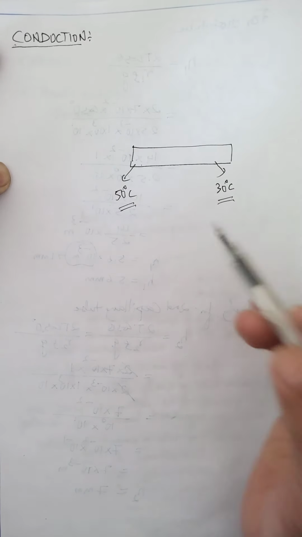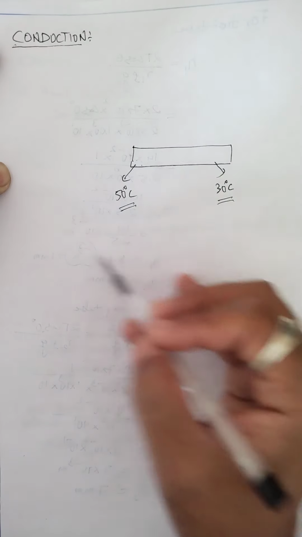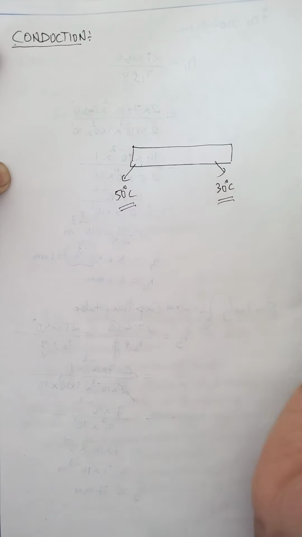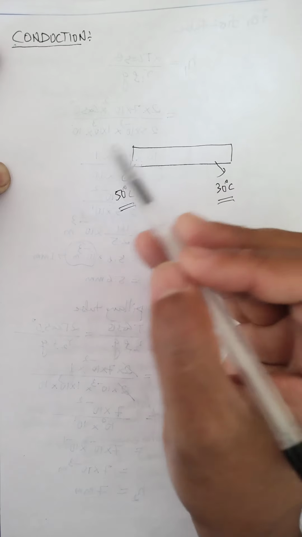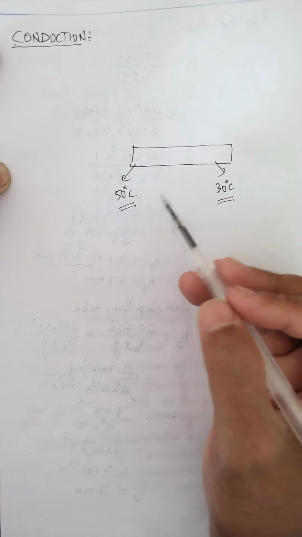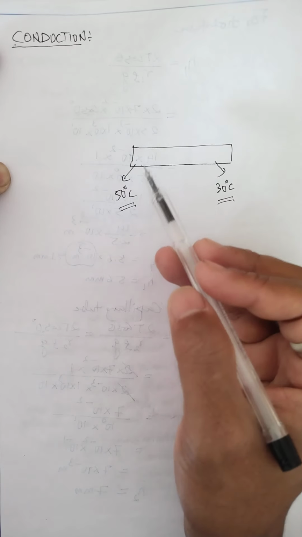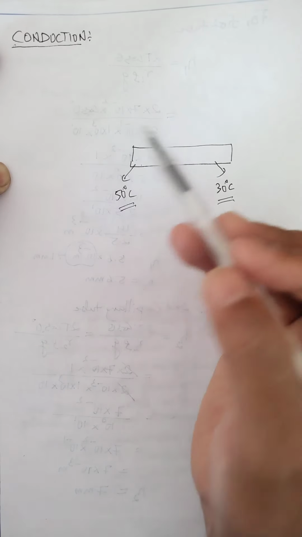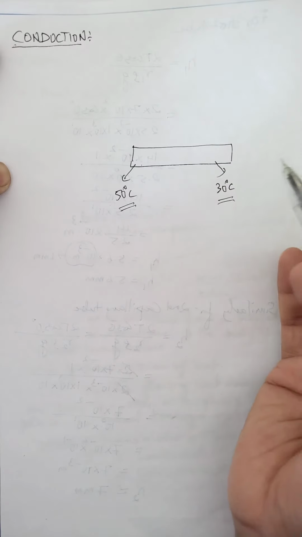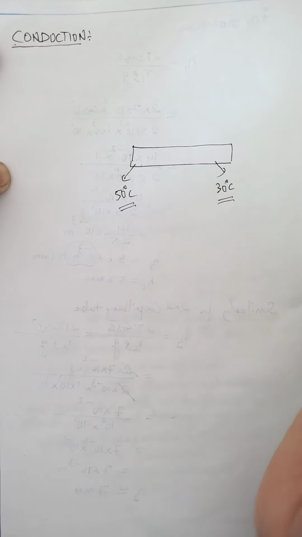In this process of heat transmission, the particles of the body do not actually move; they simply vibrate in their own position. One particle transfers the heat to a neighboring particle from higher temperature to low temperature, and that process is called conduction.